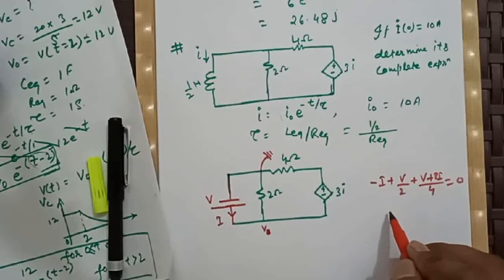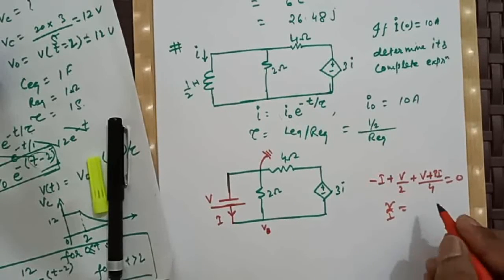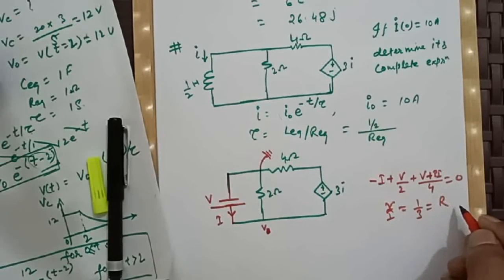So from here we will have V by I is equal to 1 by 3, which is nothing but the R equivalent, right?